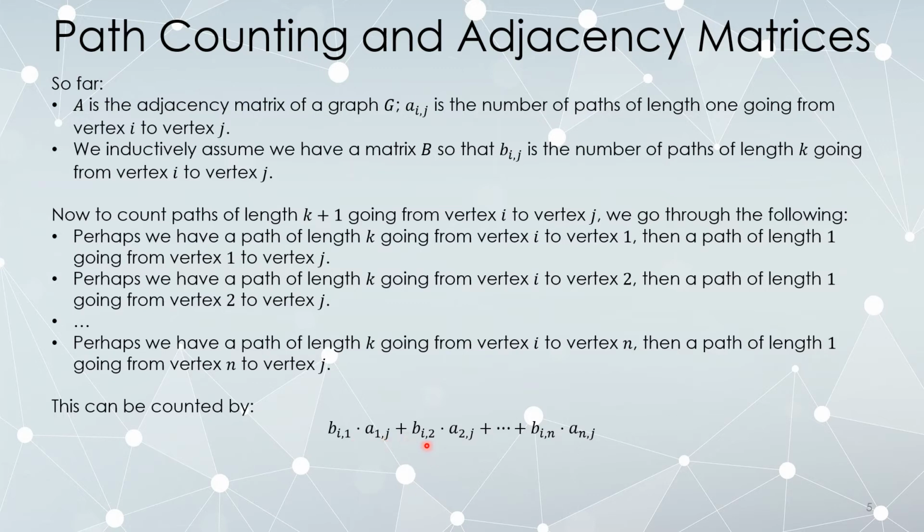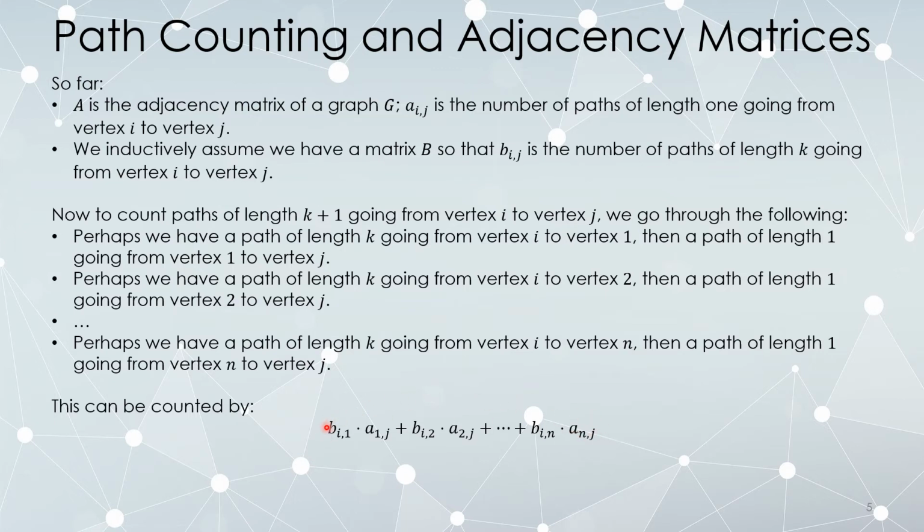Or I could have done how many ways to take k steps to get from i to 2, and then how many ways to take a single step to get from 2 to j. And so forth until finally, how many ways to take k steps to get from i to n, and then how many ways to take one step to get from n to j.